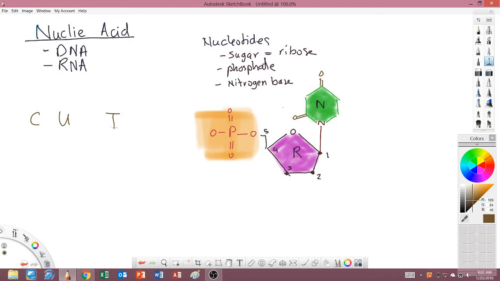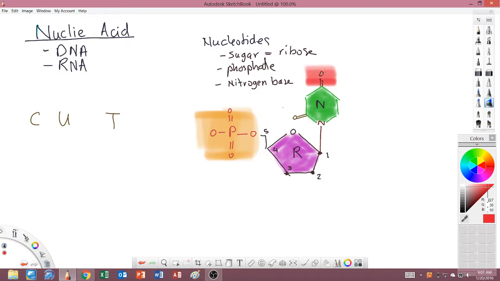Alphabetically opposite way, uracil. Now the question is, if you count 1, 2, 3, at position 4, right here, the top position, you need, let me see if I can highlight it. What color should I use so you could see? I'll use red. You see this O? I'm coloring it in red.